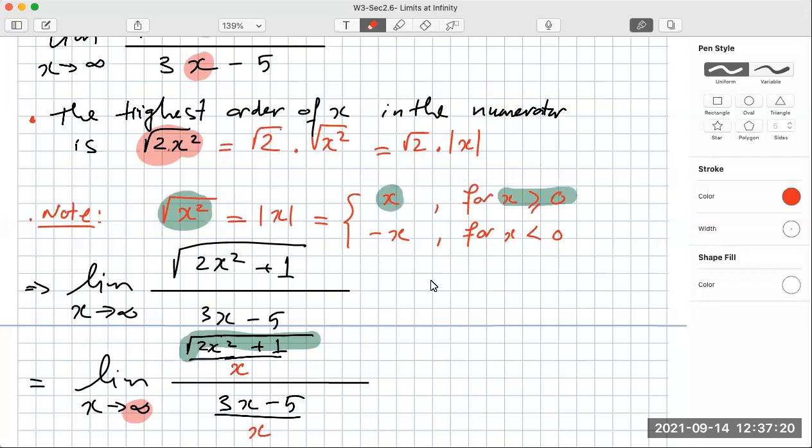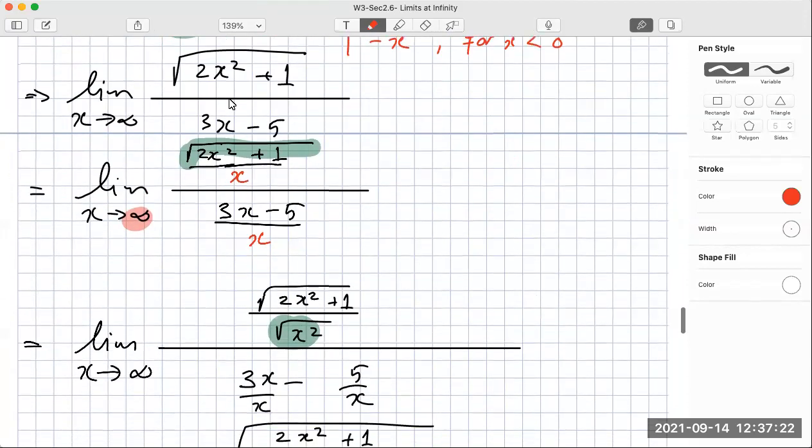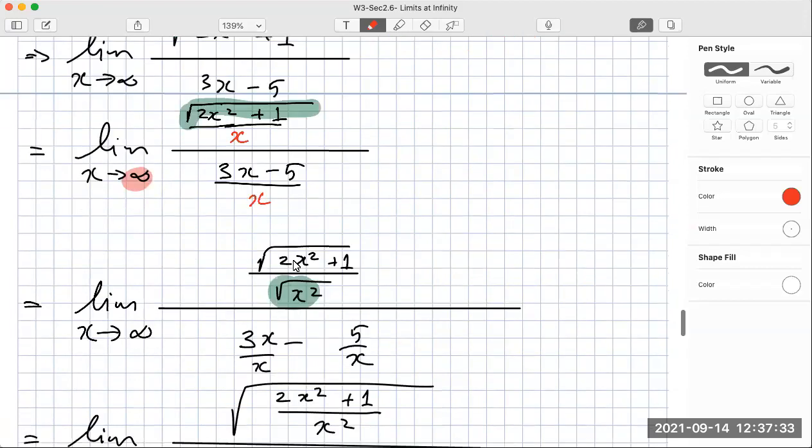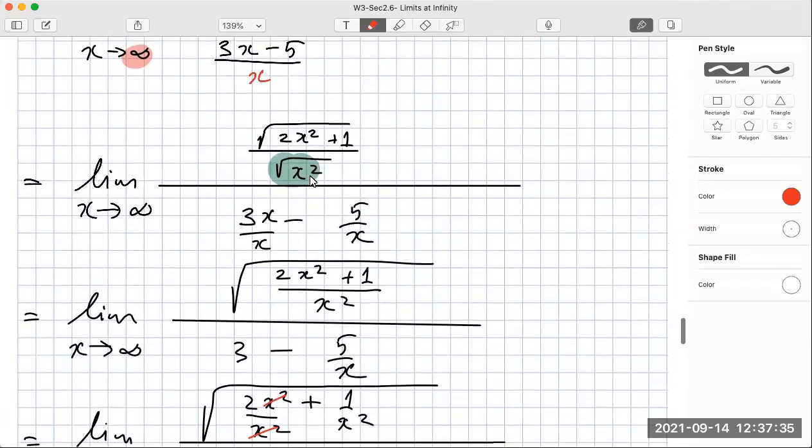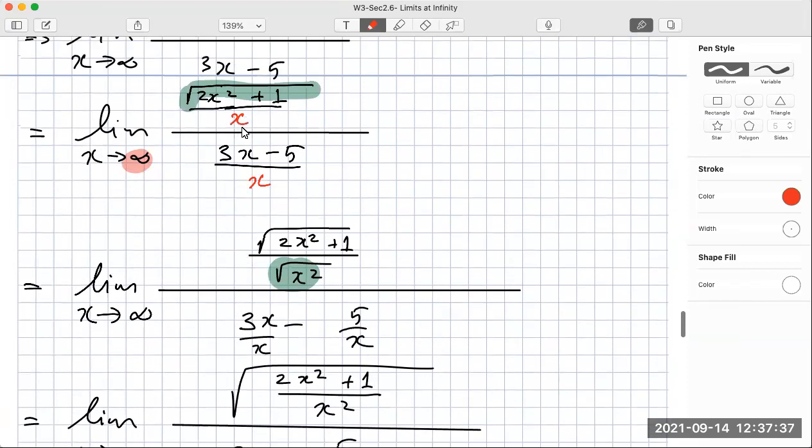Then we do this by dividing both numerator and denominator by x to the 1 here. Then we do some algebra, right? We try to manipulate this term and write it as the square root of x squared.